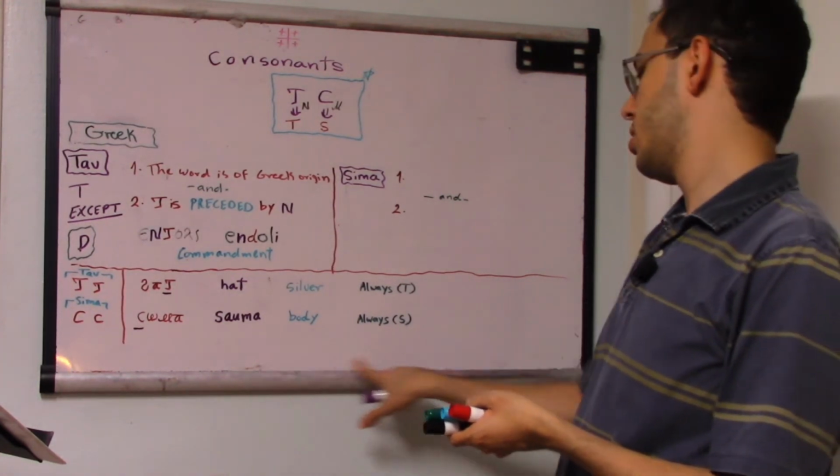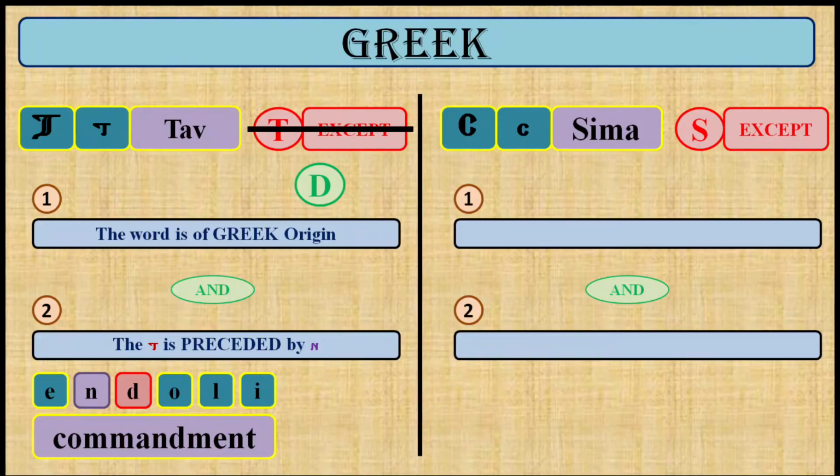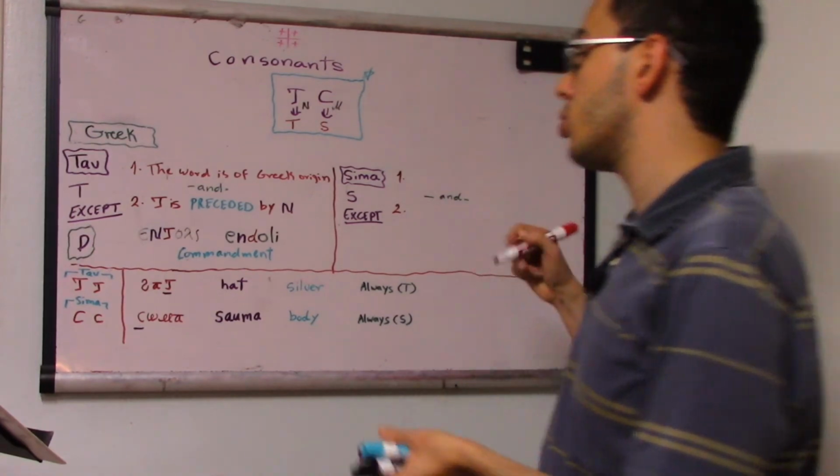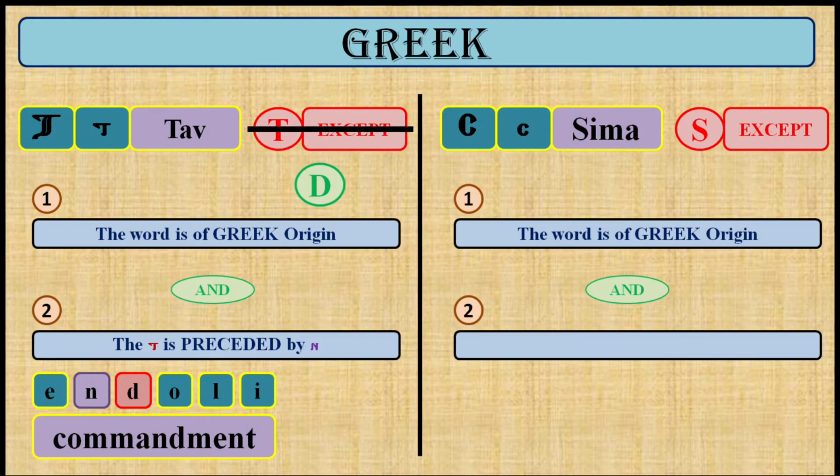Sima, in Coptic, we said it's always S. Remember down there? However, for Greek, it could still be an S, except when two conditions are met. Again, the first condition is the same as before. The word is of Greek origin. Condition number two is that Sima is, here is the trick, followed by me.